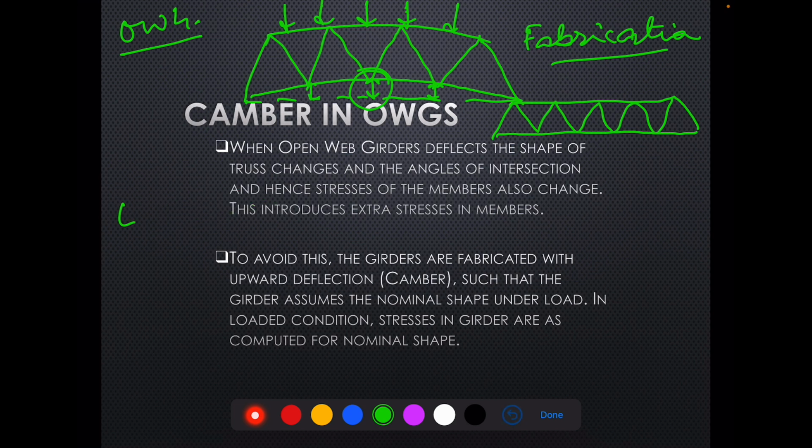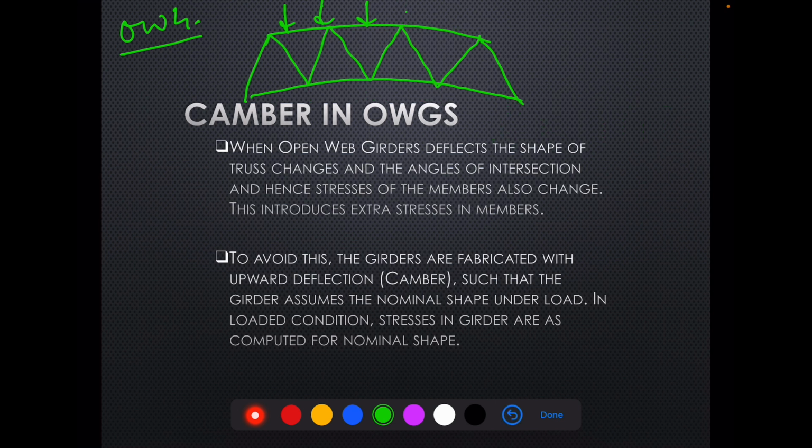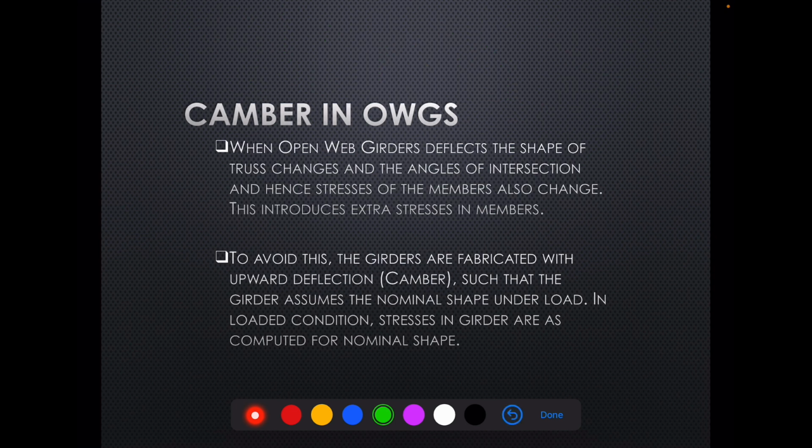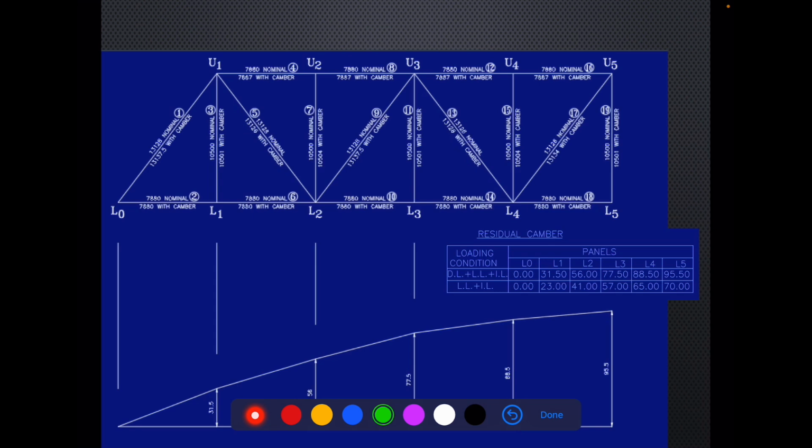This is calculated through various formulae and calculations, and the designer who is responsible for designing an open web girder provides the values of this camber under various loading conditions, so that at the stage of fabrication and assembly of the girders, you can make your girder according to the camber length given.